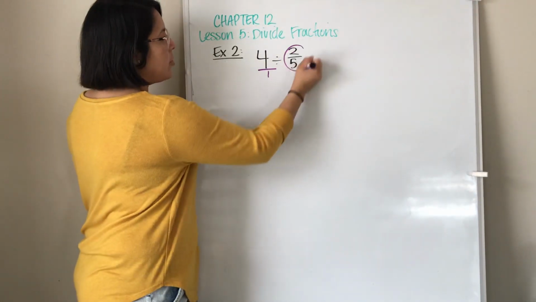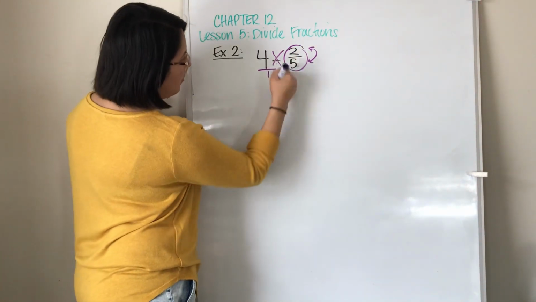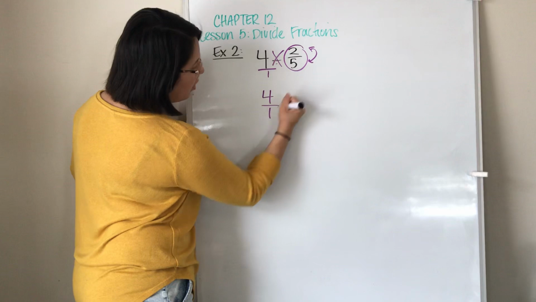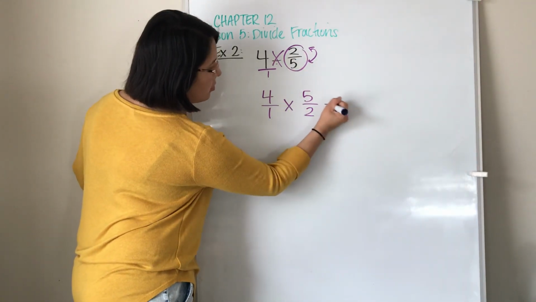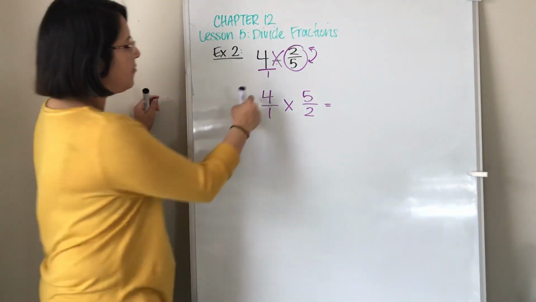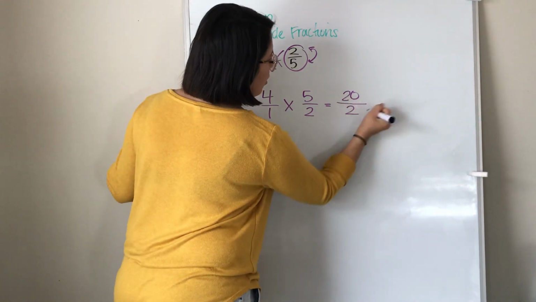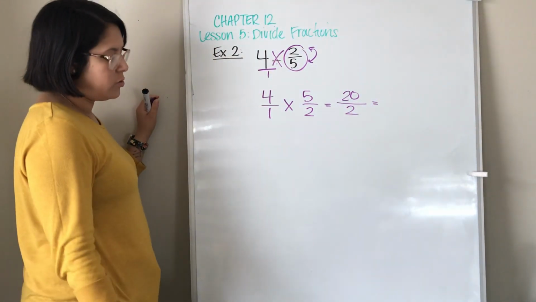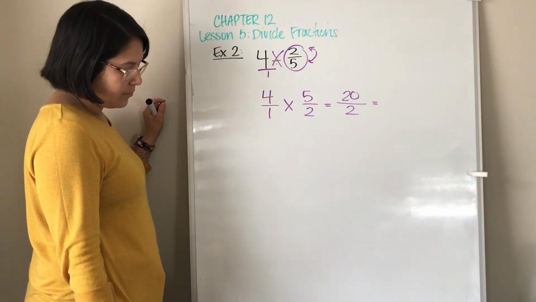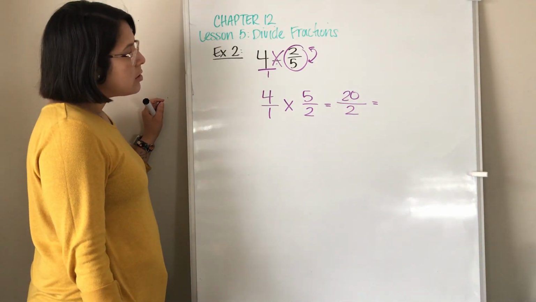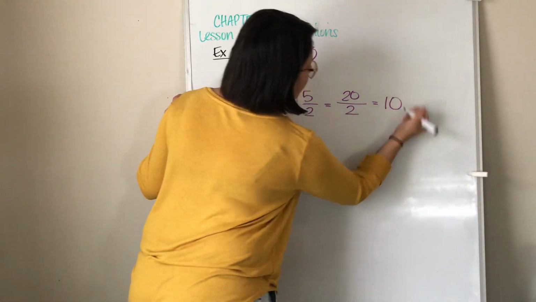And then this number is going to flip, so I'm going to change it to multiply. 4/1 times, I'm going to flip my number, 5/2. 4 times 5, 1 times 2, and I'm going to divide so I can simplify. And so 20 divided by 2 is 10.